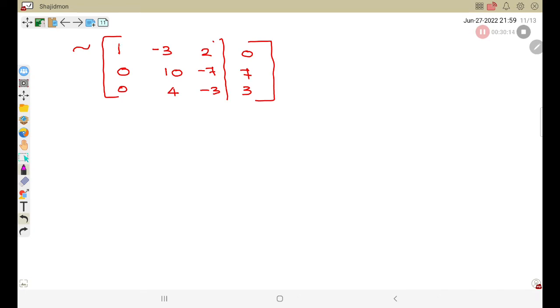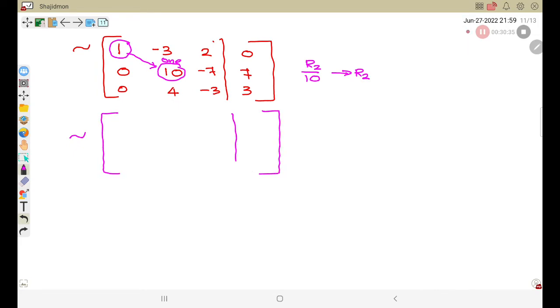Now, once you finish this number 1, we will go to this one. This number should be 1. That is the next operation. So which row do we need to change? Second row. If you want to change it to 1, divide the same row by the same number, 10. Correct? R2 divided by 10. So the equivalent matrix: first row same, 1, minus 3, 2, 0.